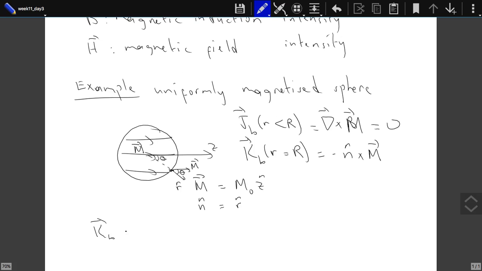So the surface current is minus n cross M. What is the direction of n cross M? It is out of the screen, that is the minus phi hat direction. So there's another minus, so this is in the phi hat direction, and the magnitude of n is just 1, the magnitude of M is M0, and the angle between the two gives sine theta.